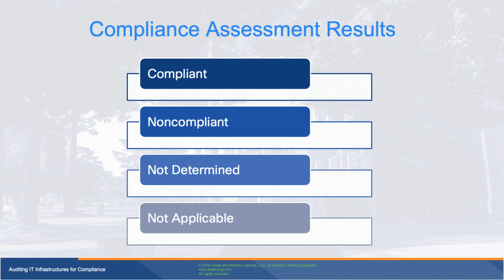For a status of non-compliant, it's going to indicate that enough suitable evidence was collected to show that a particular requirement has not been met. So compliant and non-compliant is the same. We have the evidence, and this is our verdict.